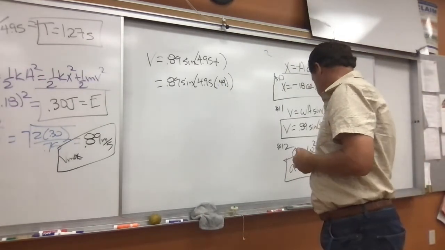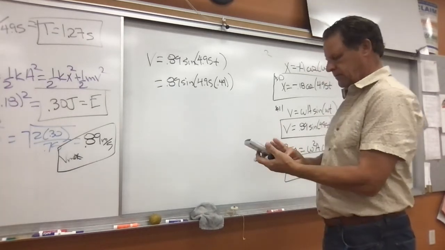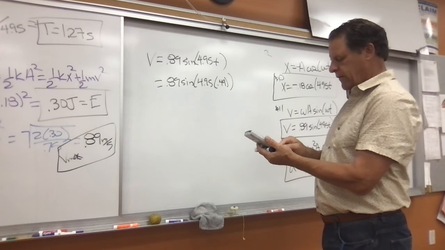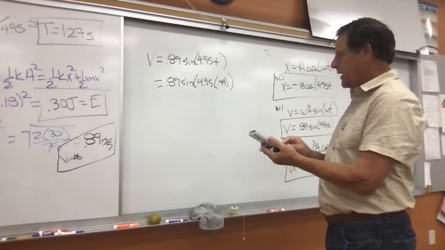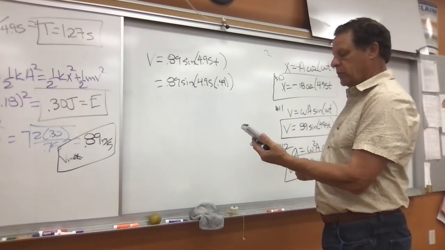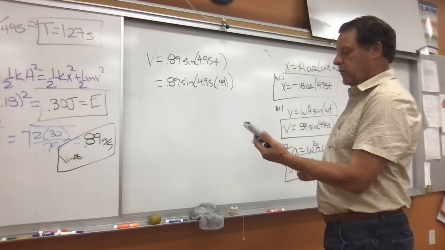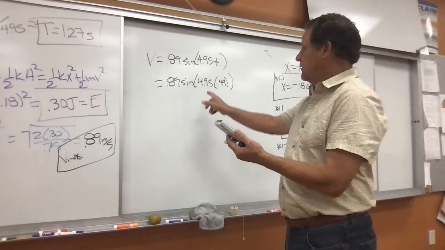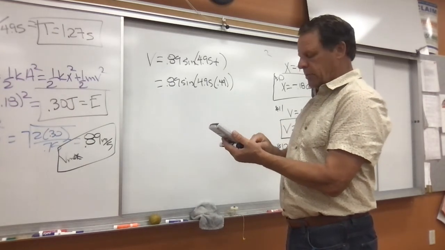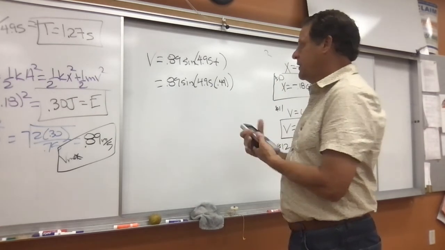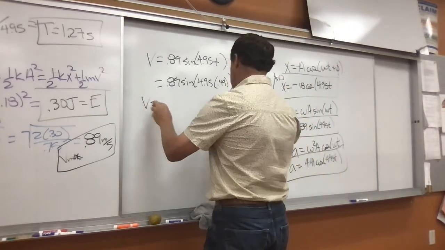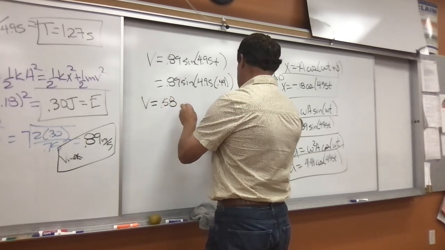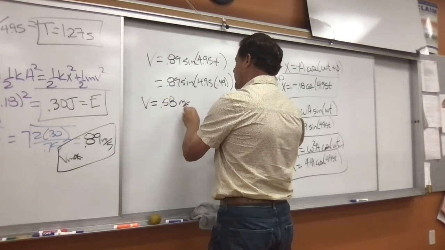And so 4.95 times 0.49 is equal to 4.24, and we're going to take the sine of that answer, which is going to give us 0.65, and now we're going to multiply that by 0.89, and we're going to get a velocity that is equal to 0.58 meters per second.